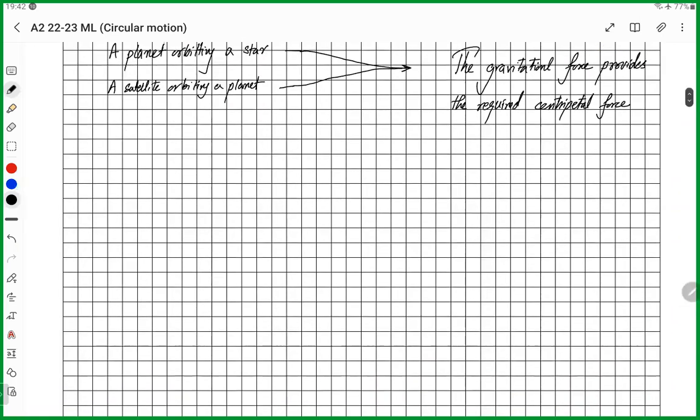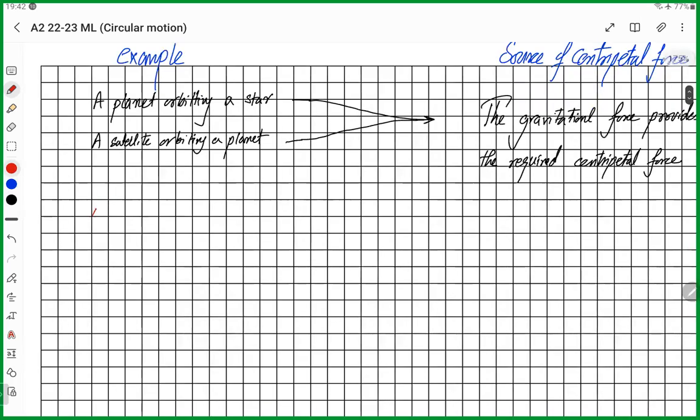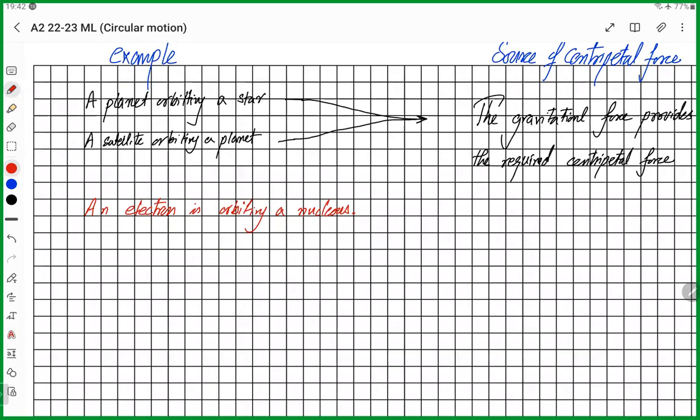Now, an electron is orbiting a nucleus. What do you think will provide the required centripetal force in this case?